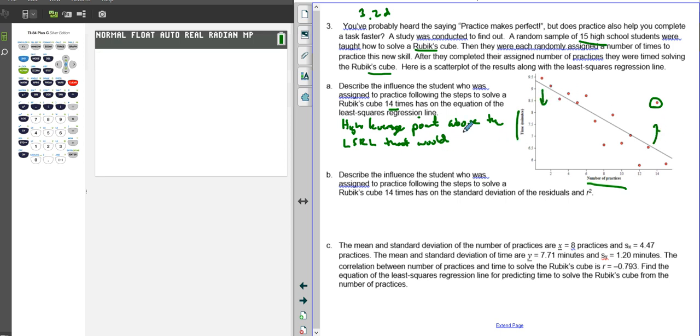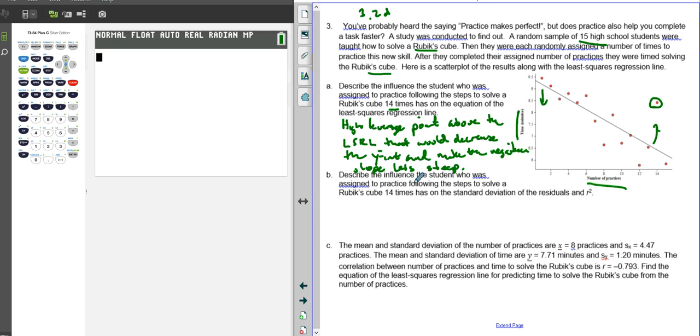That would decrease the y-intercept and make the negative slope less steep. I think that makes sense because it's going to get a little bit flatter. So this can go up, go down, and that's what's going to happen there.